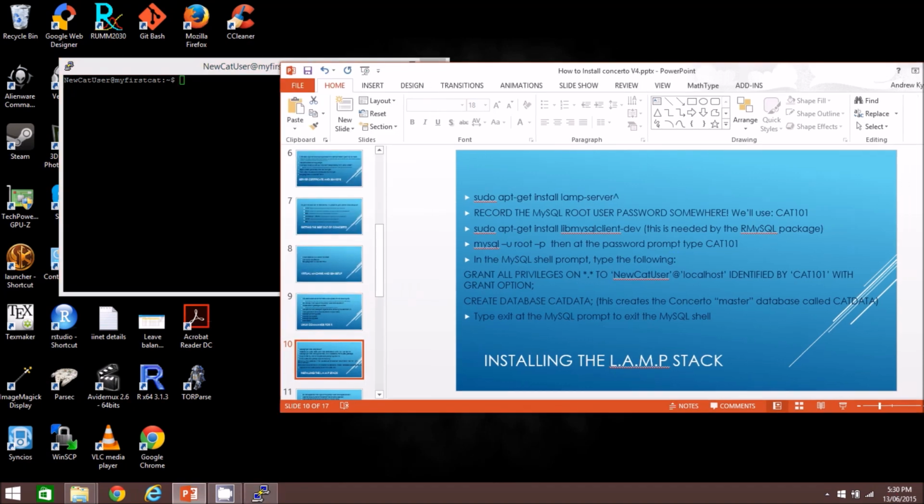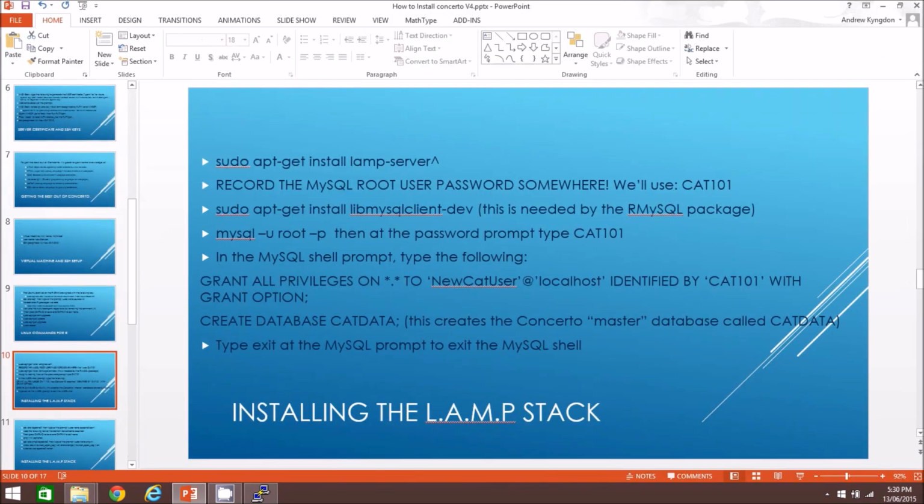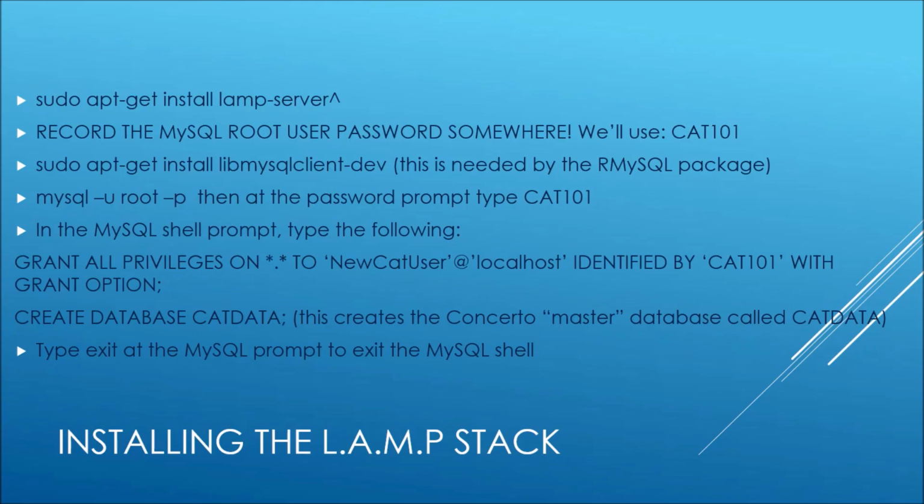Now we will install the LAMP stack, which is quite an easy thing to do. We simply type that command at the top. We then make sure that when installing the LAMP stack we record the MySQL root user password somewhere. If you do not record that password and you forget it, you'll be in all sorts of trouble.